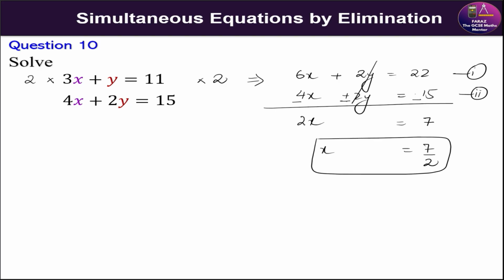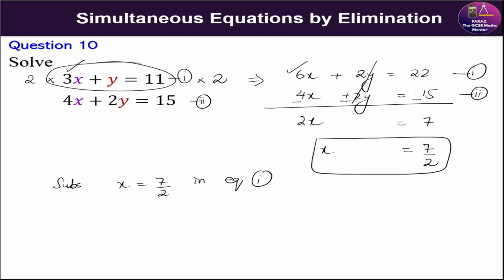Now we have to substitute this x value in any of the above equations. Let's substitute x equals to 7 over 2 in equation number 1. Now you may think which form of equation 1 to use. So it is up to you. You can use this one as well and this one as well.